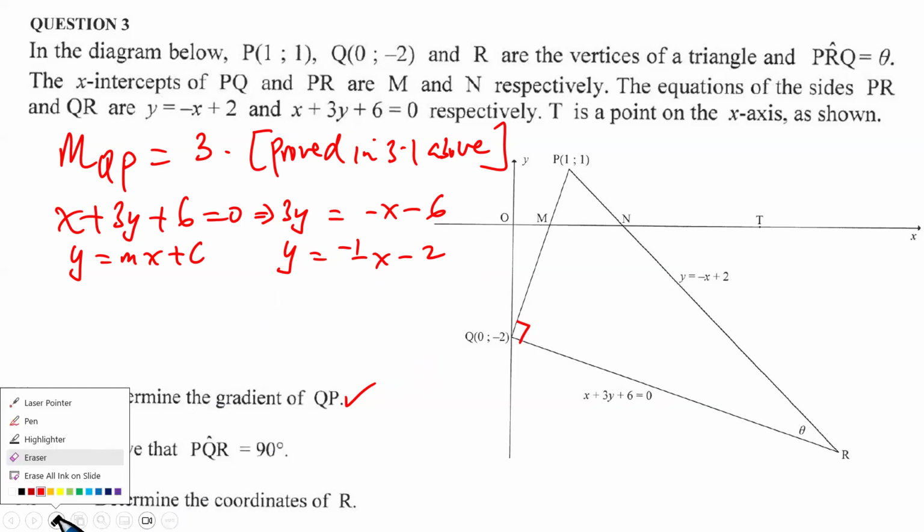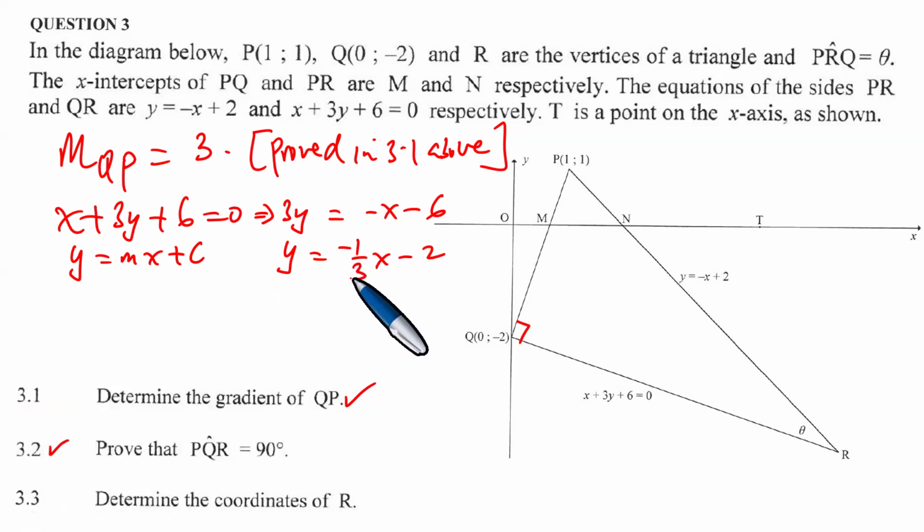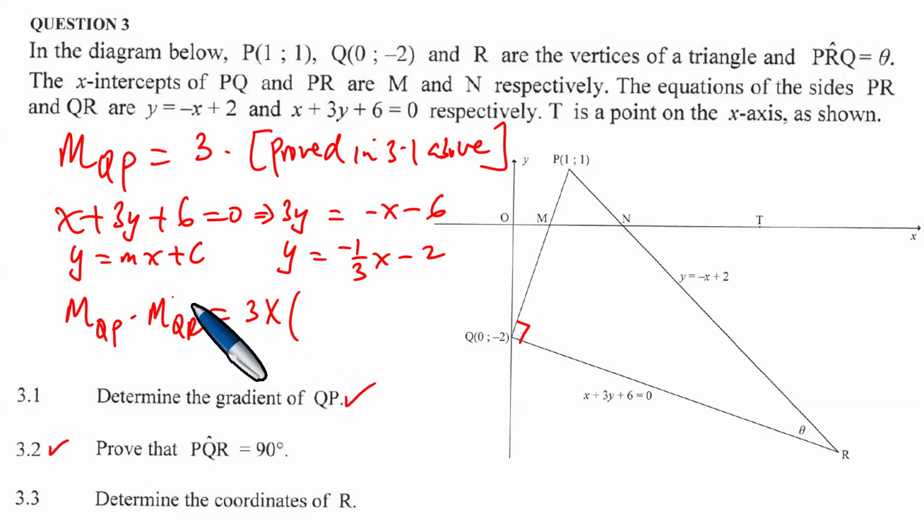And therefore, what is the conclusion of this? In the end, the gradient of QP times the gradient of QR is 3 times minus 1/3, which is minus 1.